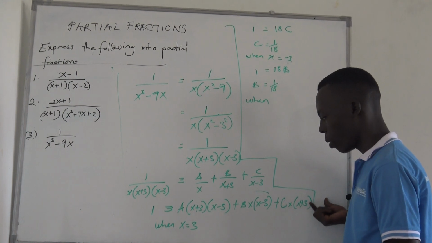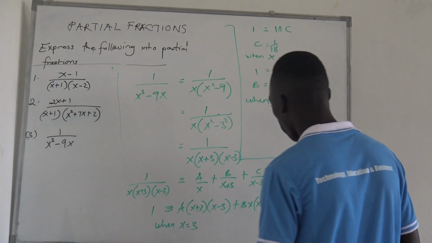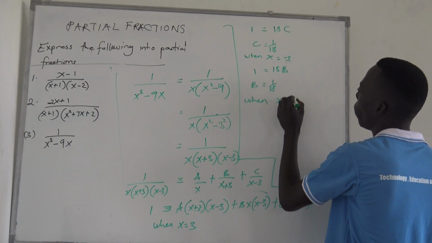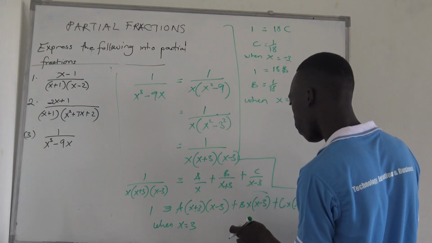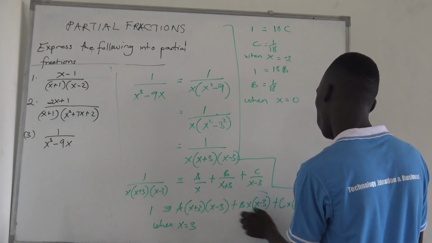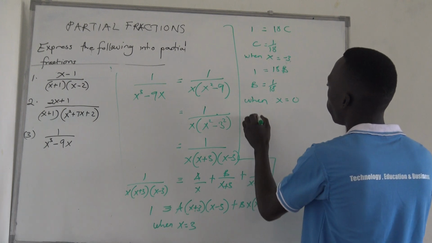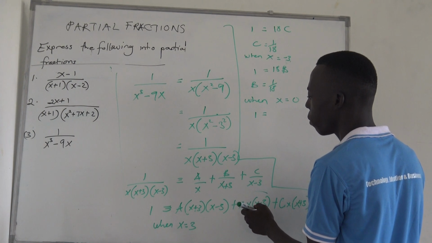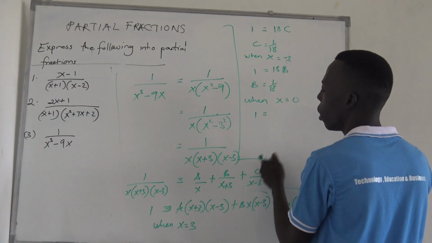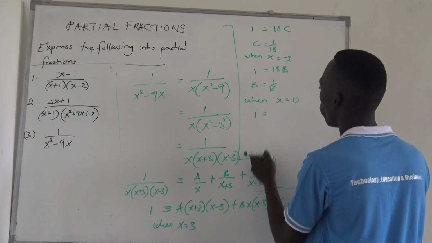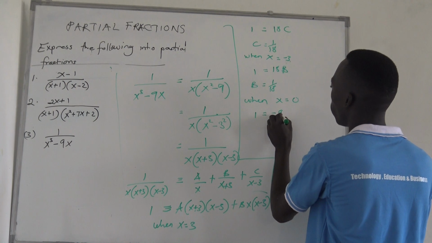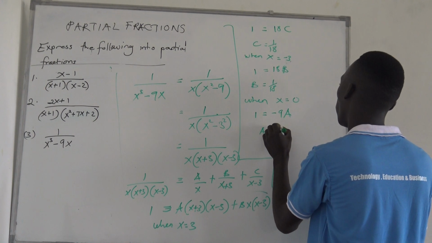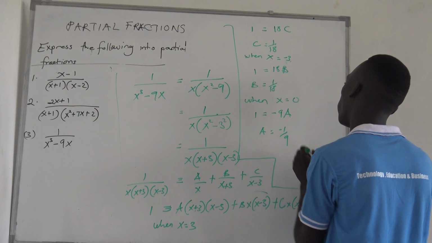So when x equals 0, all of this goes away, and I remain with 1 equals a times this, which gives 3 times negative 3, which is negative 9a. That means our a is negative 1 over 9.